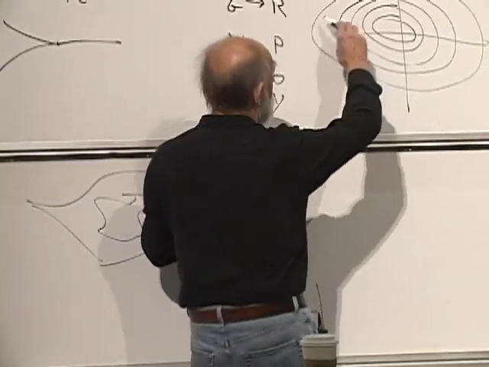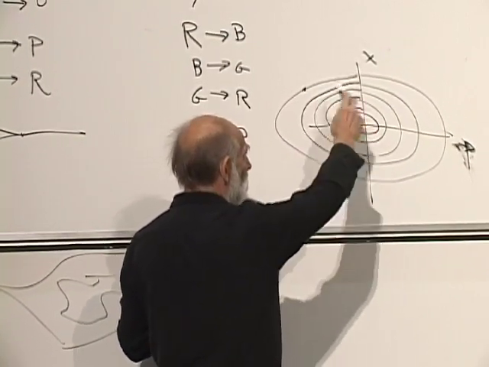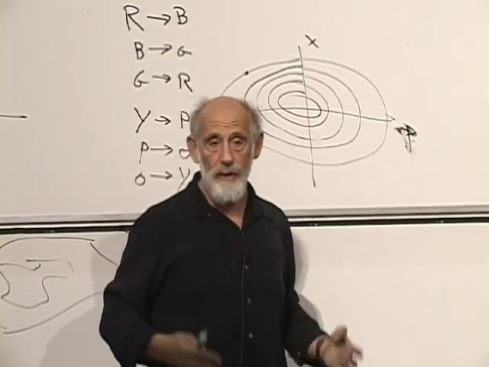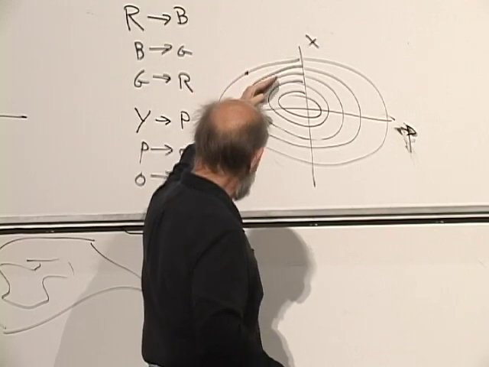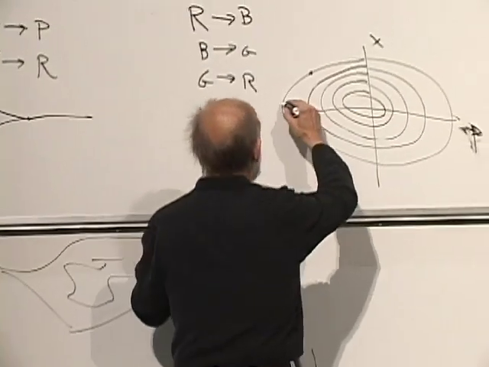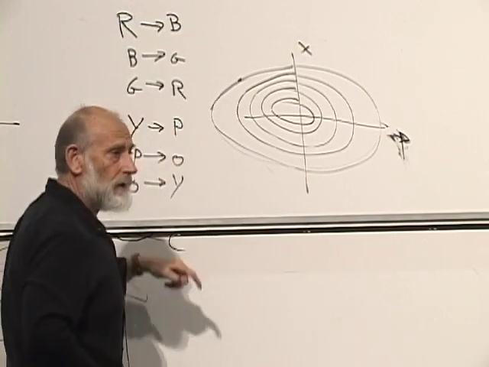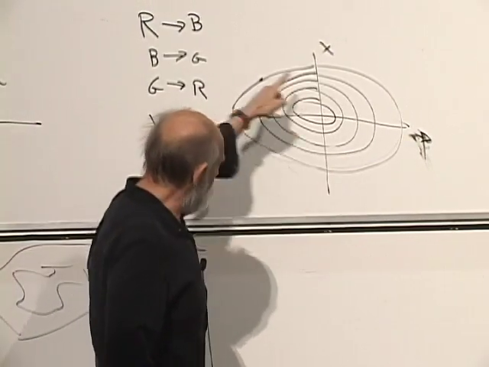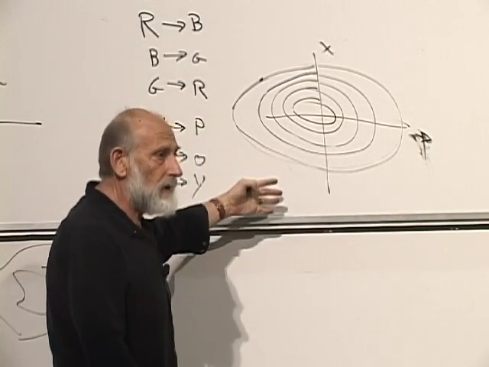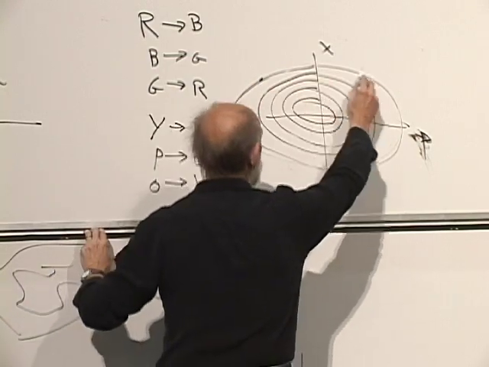For example, this phase space is not at all ergodic. This point doesn't get to every point inside here. It only gets to the points on the same ellipse. But that just tells you that there are conserved quantities. There's a conserved quantity which takes on a value on every ellipse. If you fix that conserved quantity, then you stay on a given ellipse. If you calculate the time average as the phase point moves around that ellipse, that average quantity will be the same as calculating the average over the ellipse.